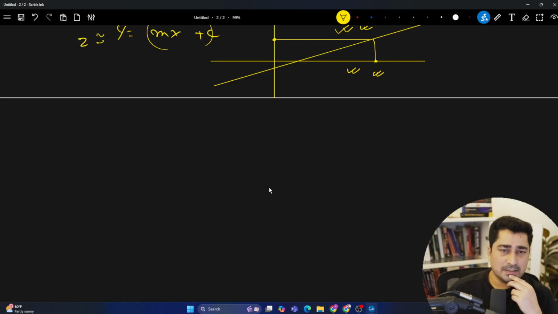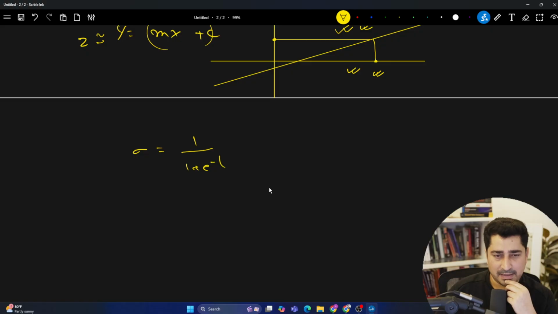Now, if I rewrite this entire sigmoid function once again, I can write it this way: e to the power minus of (mx + c). This z which I was talking about was nothing but this particular line, and this is going to give you an output between 0 and 1.